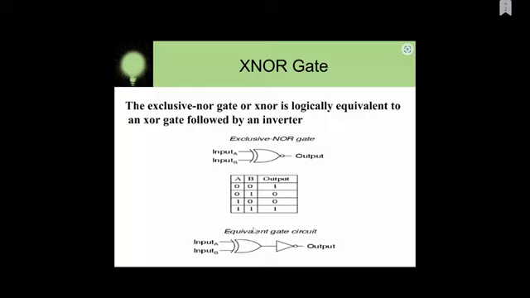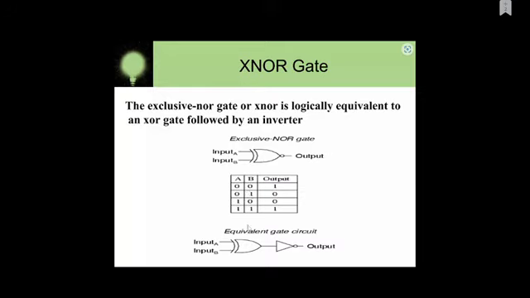Then coming to the next one, the exclusive NOR gate. The logic symbol of the XNOR gate is exactly the complement of the XOR gate. By observing the truth table, we can compare the XOR and XNOR gates. In the XOR gate, if any one of the inputs is high, the output is high.